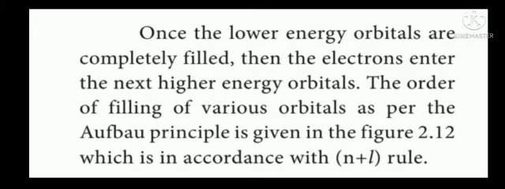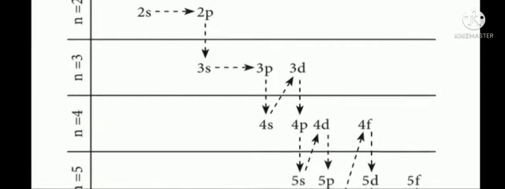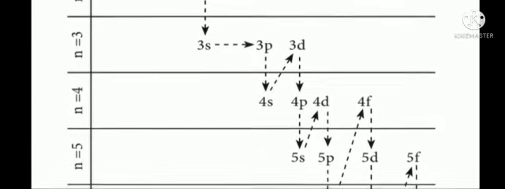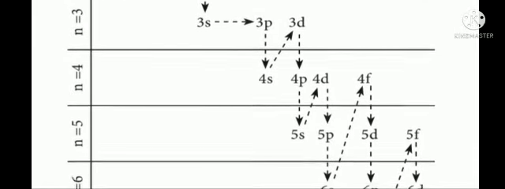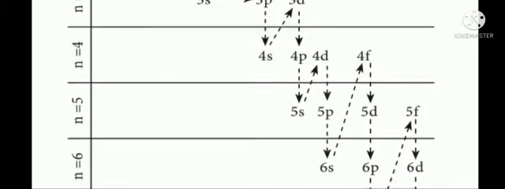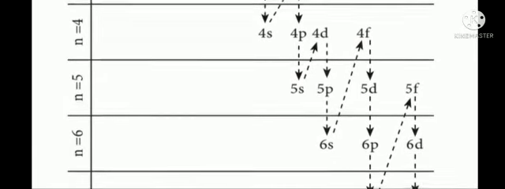First, the electron occupies the 1s orbital, then the electrons are filled in their increasing energies, which is shown in the picture.